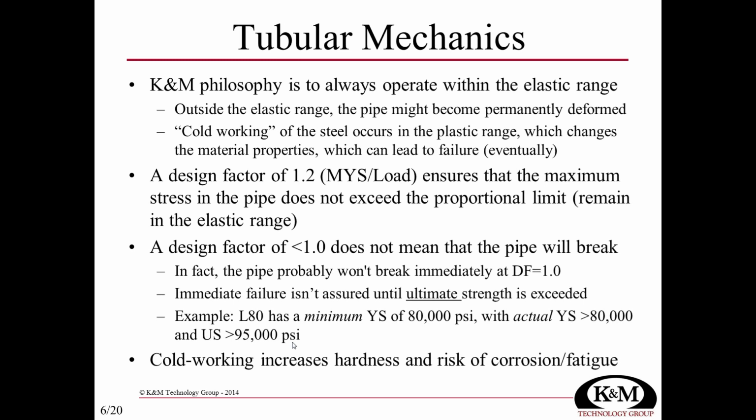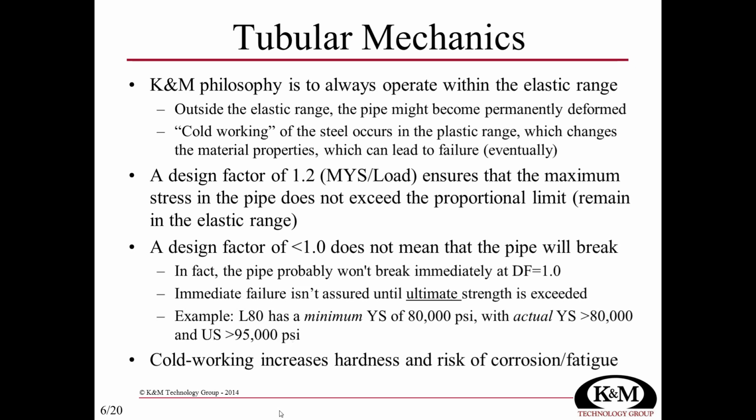So to avoid that risk, we say we're always going to operate in the elastic range. In our software, we assume that we're going to operate with a design factor of 1.2 in terms of the total stress in the pipe. Later on, we're going to talk about what VME stress is. That's total stress. We say that we don't want to operate in excess of that 1.2 limit, meaning that if we have a yield strength of 100,000 psi, we're going to derate that by a factor of 1.2.